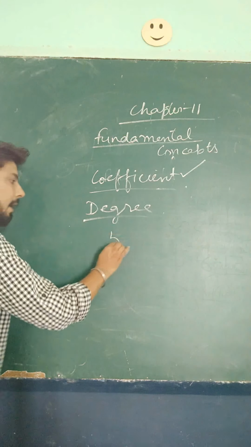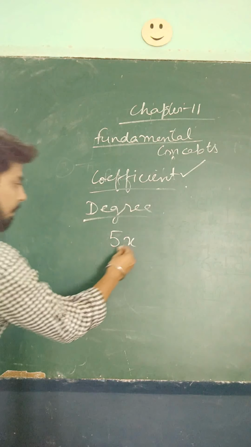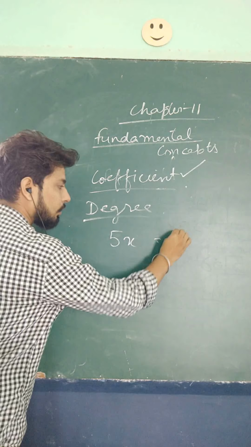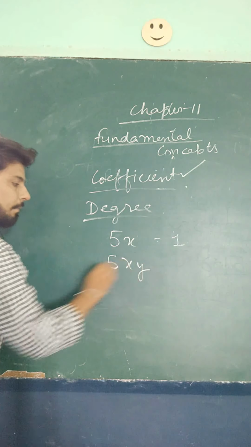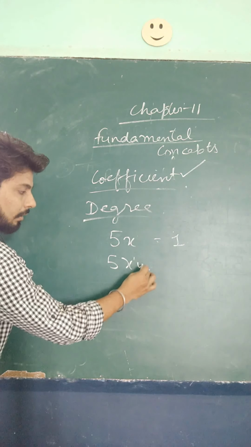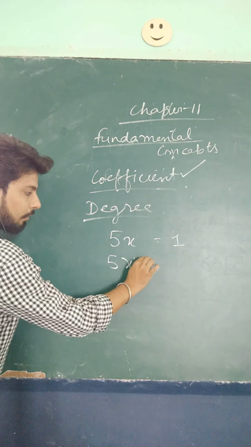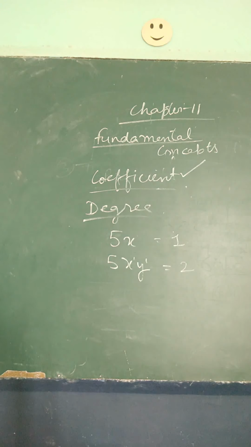Suppose I write 5x, and I ask what is the degree of this monomial. It will be 1 because x has the power of 1. So the degree is 1. If I say 5xy, the exponent of x is 1 and the exponent of y is also 1. 1 plus 1 equals 2.